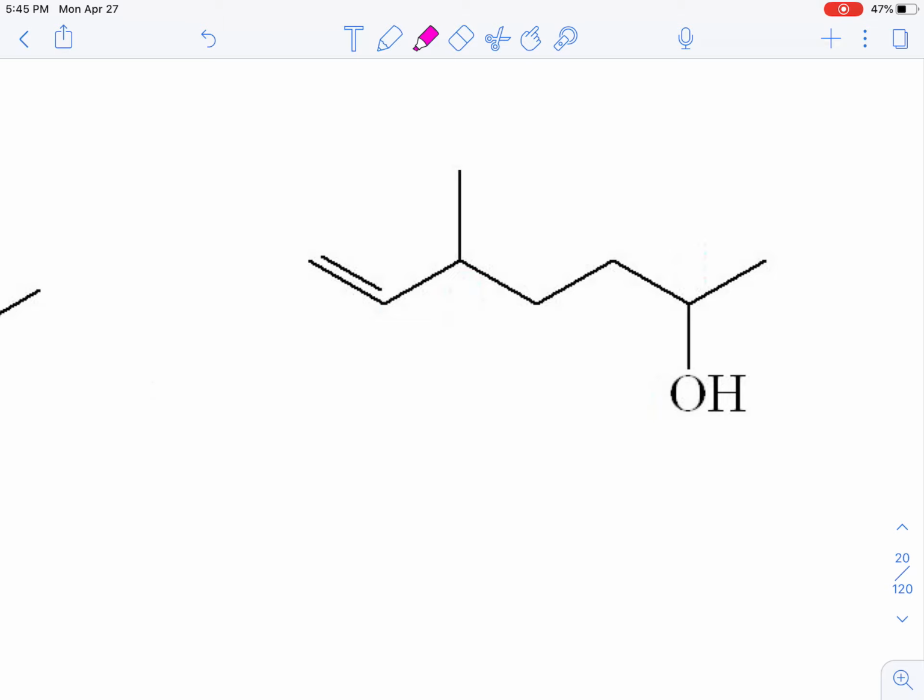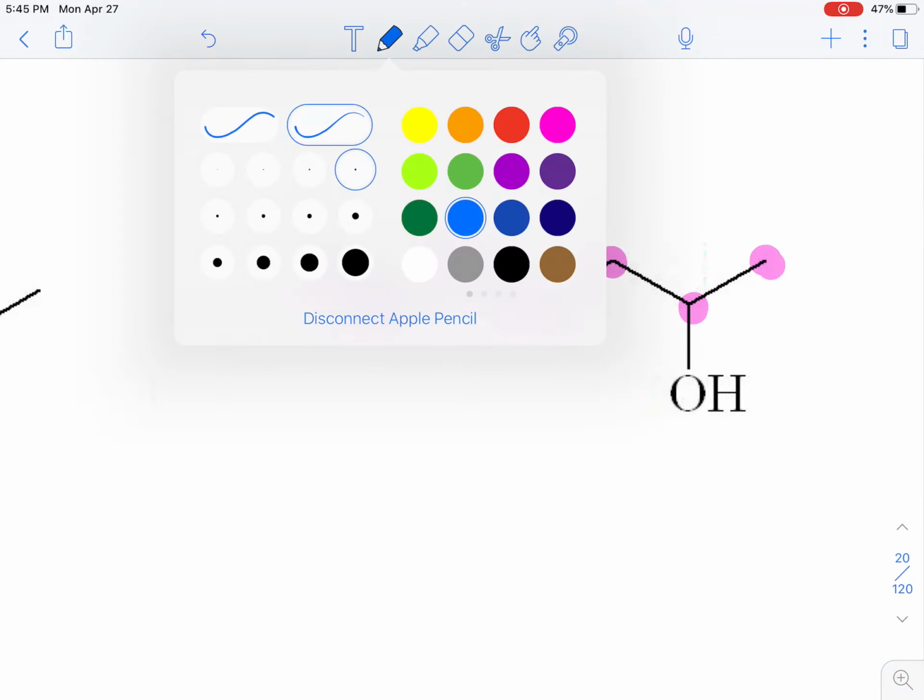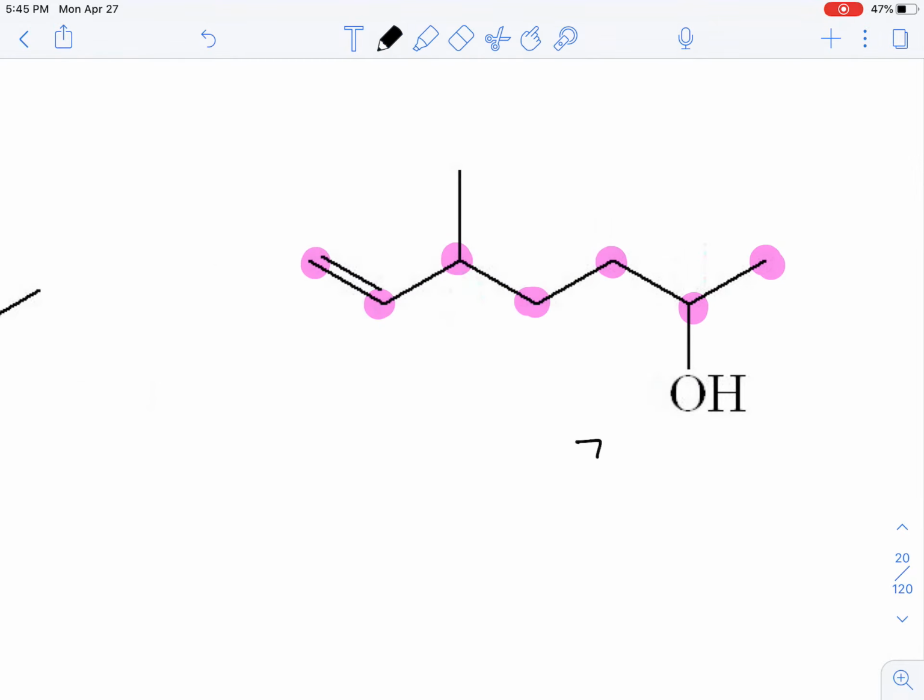Similar to the first step, I have 1, 2, 3, 4, 5, 6, 7, so I have 7 carbons as my longest chain. That's going to give me hept.